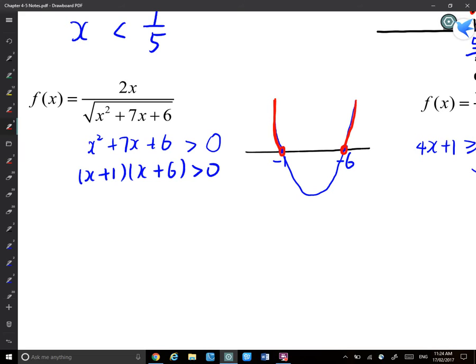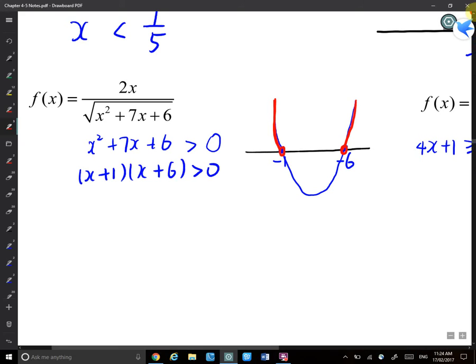So those two parts are open circles. The x that can give me y greater than 0. So my x should be smaller than -1, or my x should be greater than... wait, I drew it the wrong way.